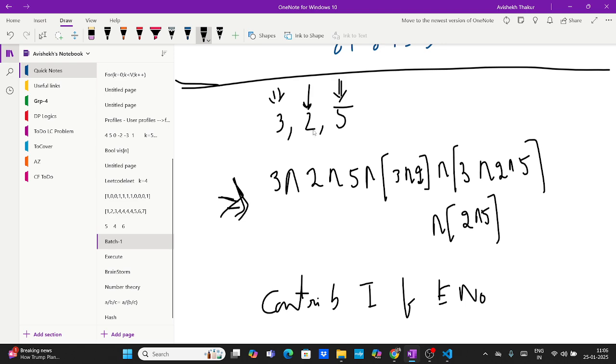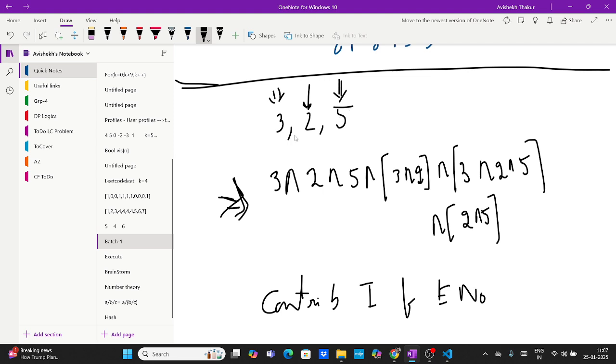If 2 is repeating an even number of times, what does that mean? 0. Exactly. The contribution of 2 is 0, because if it is repeating an even number of times, all of them will go off. If 5 is occurring an odd number of times, then 5.